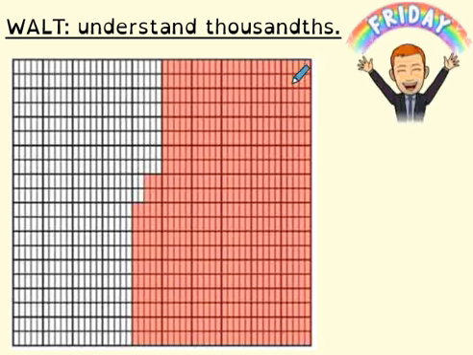I've got 100 thousandths. This time I've got 1, 2, 3, 4, 5 completed rows, or 5 completed columns even, shaded in. So if each column represents 100 thousandths, 5 lots of that would be 500 thousandths.